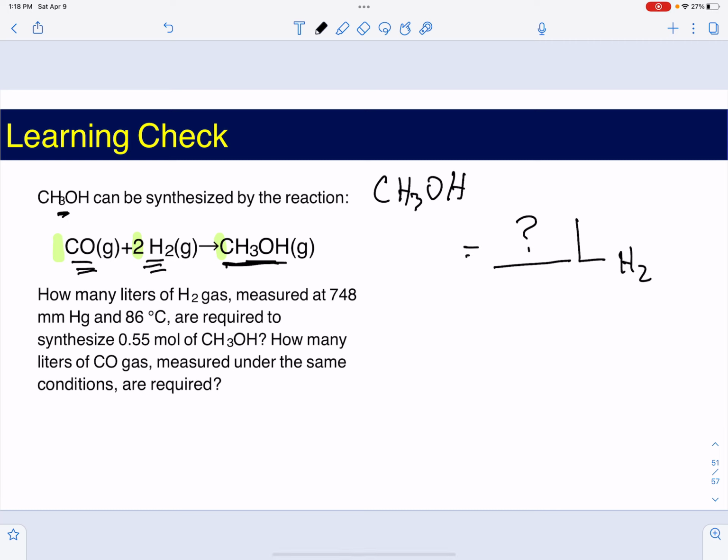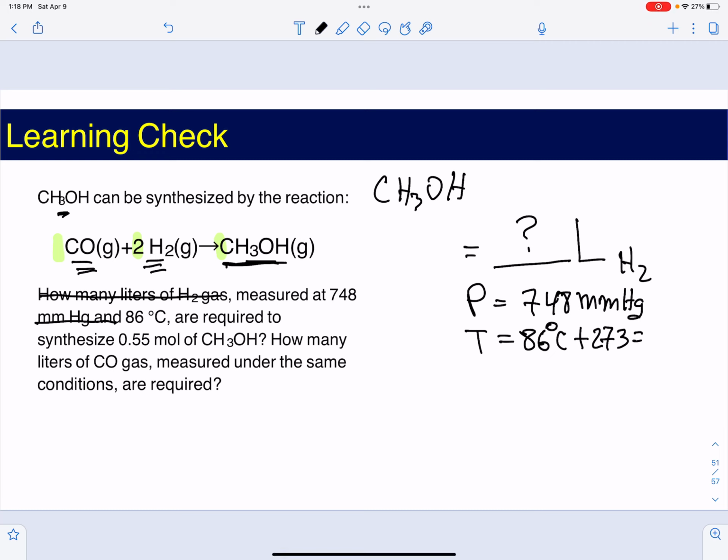So how many liters of hydrogen gas with a pressure of 748 millimeters of mercury at 86 degrees Celsius, which we know we have to change to Kelvin, which is going to give us 359 Kelvin, are required to synthesize 0.55 moles of methanol.